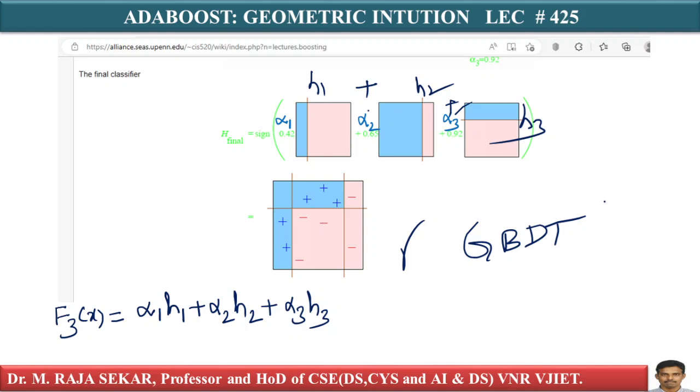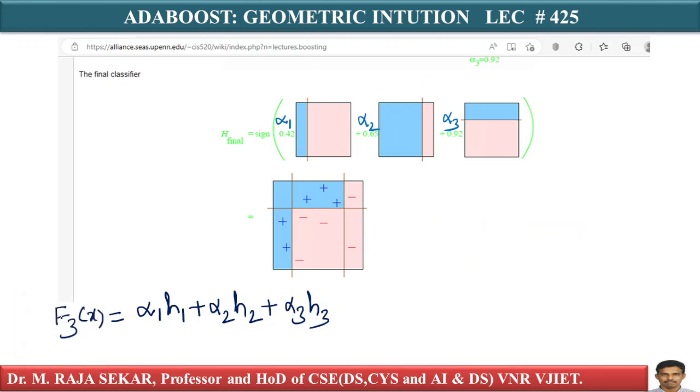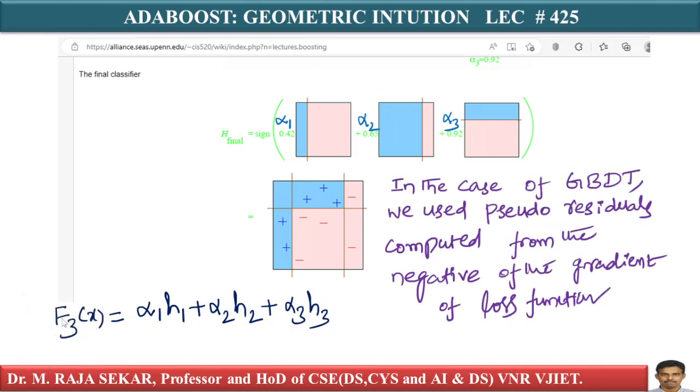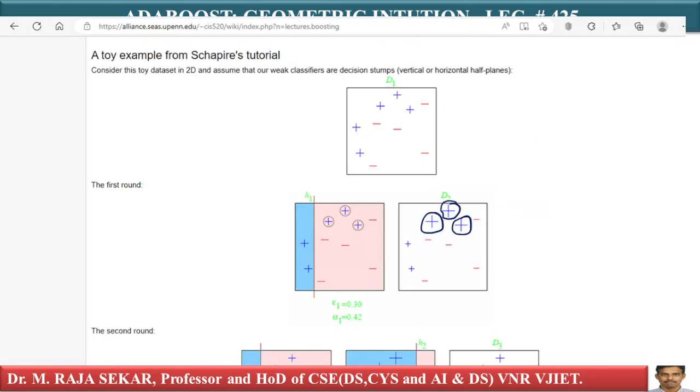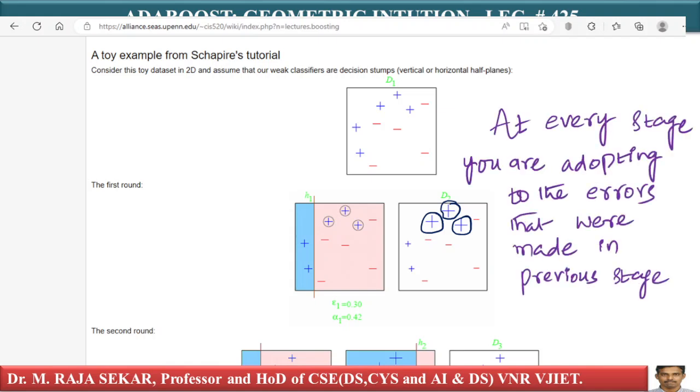The key difference here is that in the case of GBDT, we used pseudo residuals computed from the negative gradient of the loss function. Here, all the points which are misclassified or erroneous are given more weightage using something called adaptive boosting.